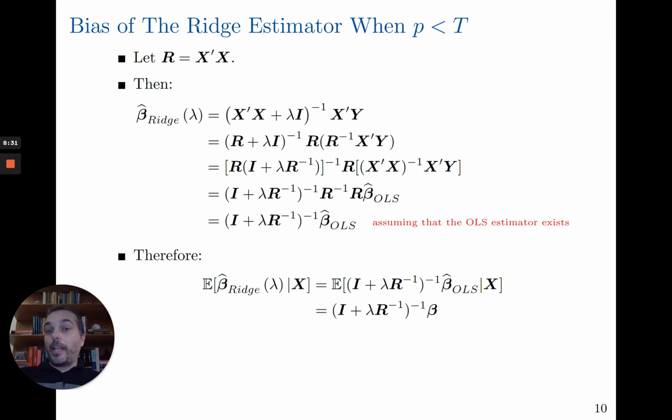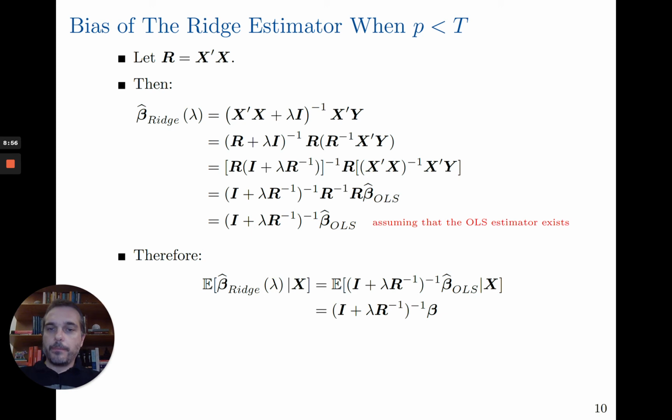So let's take expectations. What's the conditional expectation of the beta ridge on x? It is the expectation of the inverse of the identity plus lambda times the inverse of everything, times beta hat OLS given x.